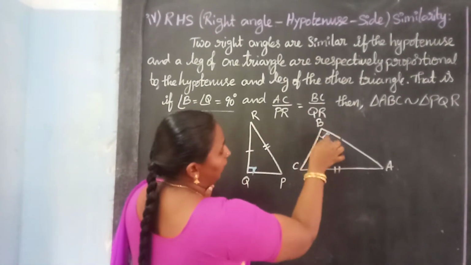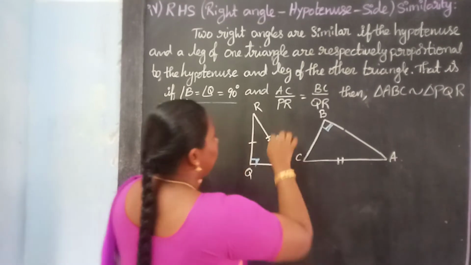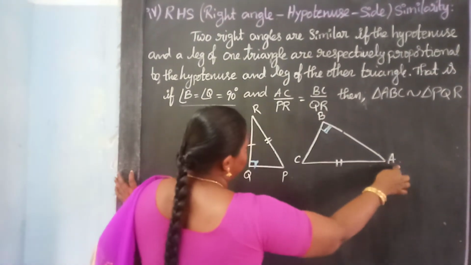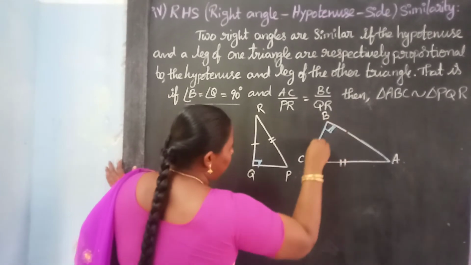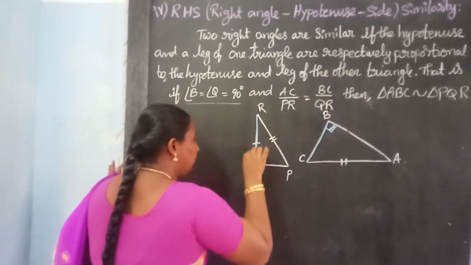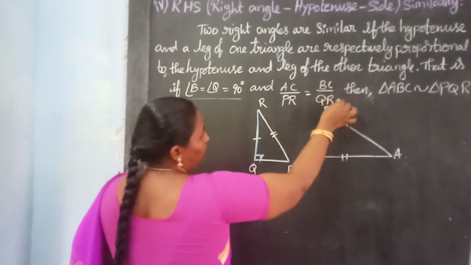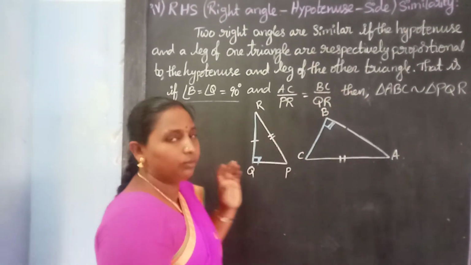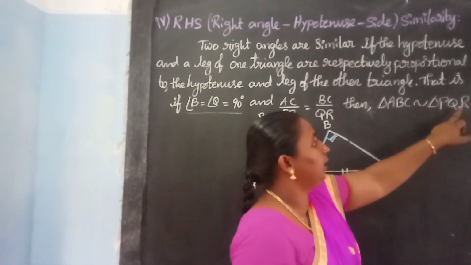Here, the side opposite the right angle is AC, so AC is the hypotenuse. Then the leg is BC divided by QR. So AC by PR equals BC by QR. Then we say that triangle ABC is similar to triangle PQR.